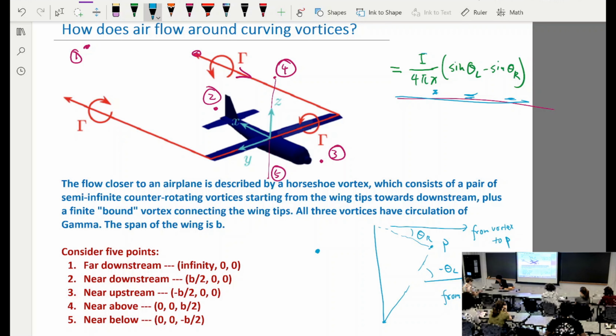Remember, we have been talking about a vortex that has the circulation in that direction. There are multiple ways to look at it, but the easiest way is to just look at the problem in the opposite direction.